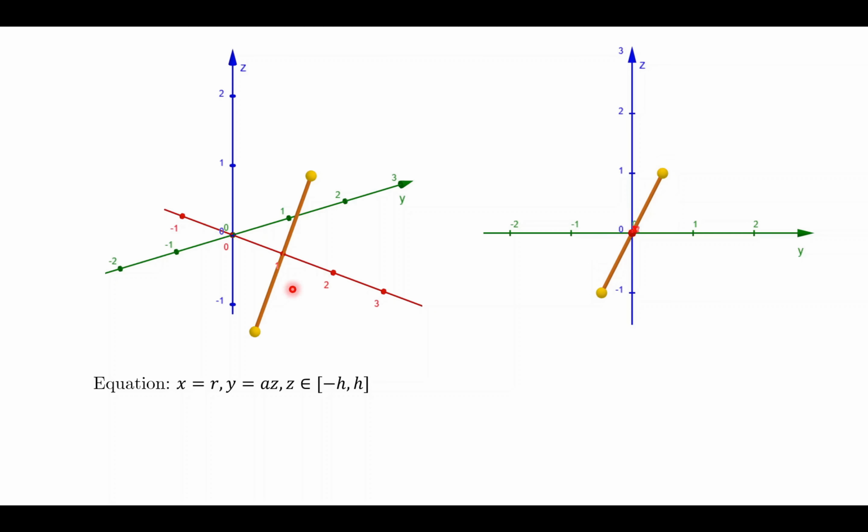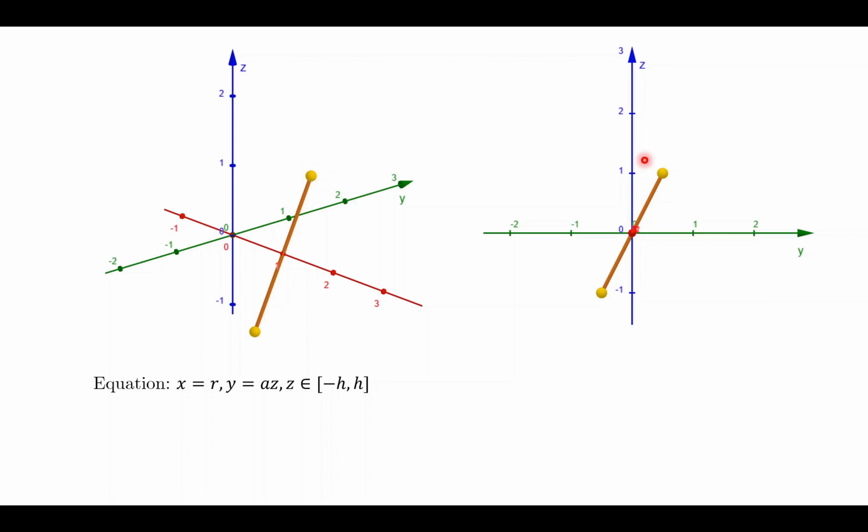Specifically, the equation of this is going to be x equals r. So the x is still constant, but instead of y equals a constant, I have y equals az. So this has a slope to it now. And same thing, I'm going to look at z ranging from minus h to h. So make sure you understand how this line segment looks.